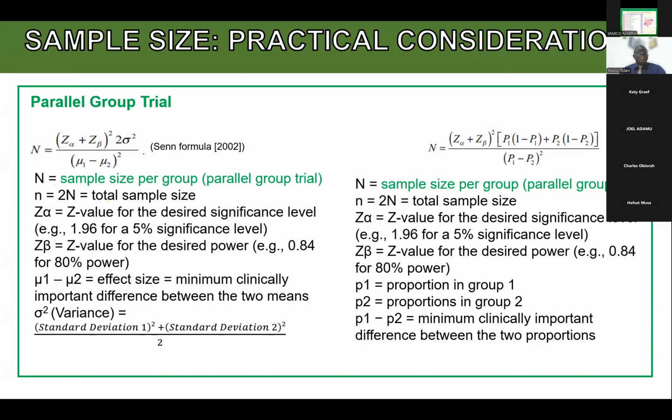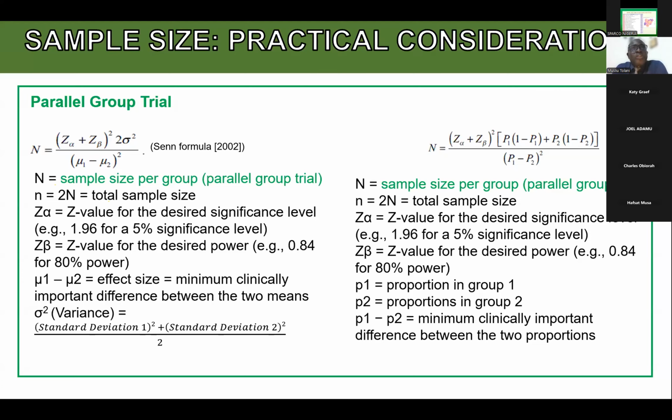Basically, it accounts for the significance level, which is the Z alpha, the power, which is the Z beta, and then the denominator, which is the effect size, mu1 minus mu2. Of course, the variance is the numerator.